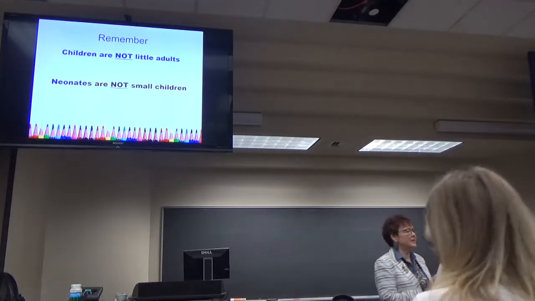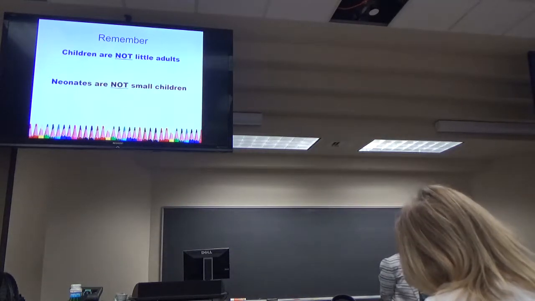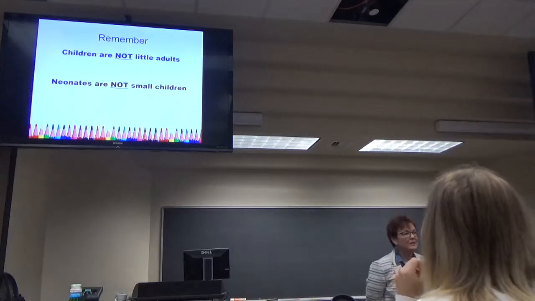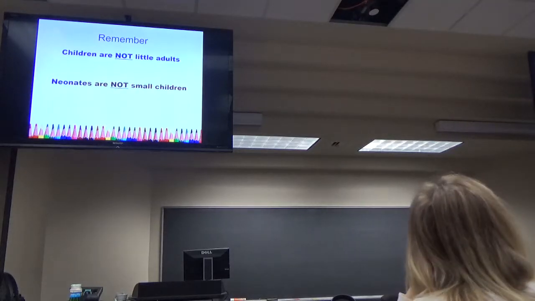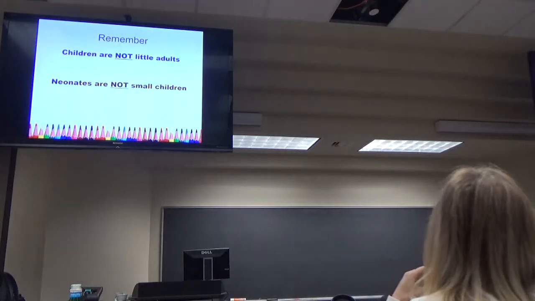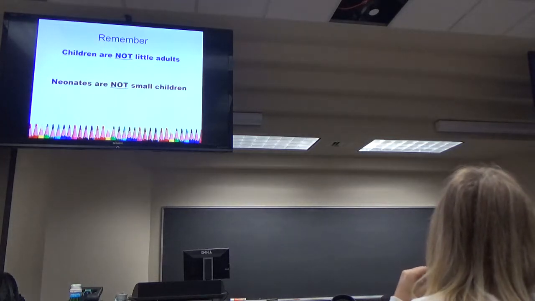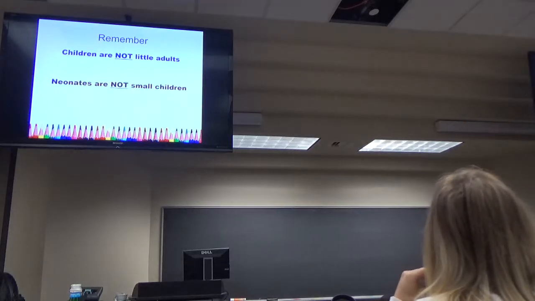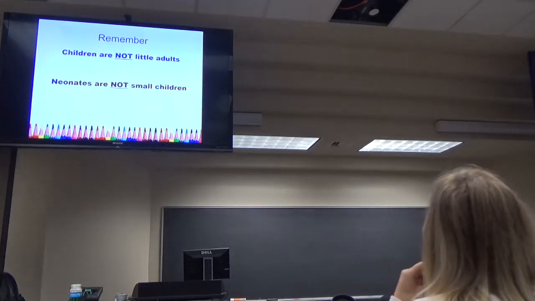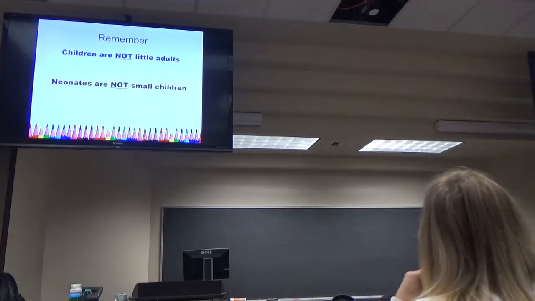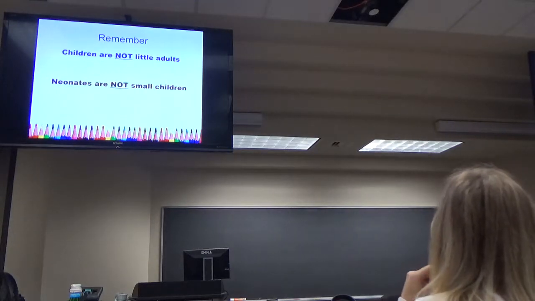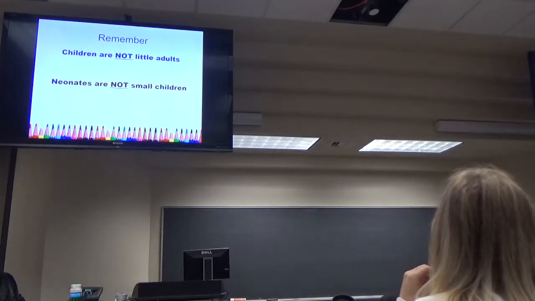Okay, anything else that is different? There are other things that are different. So what else? Skin absorption is different. What else, Dim? Isn't there like a water ratio or something different? Yes. So children get dehydrated much more rapidly because their body surface area is greater compared to adults.